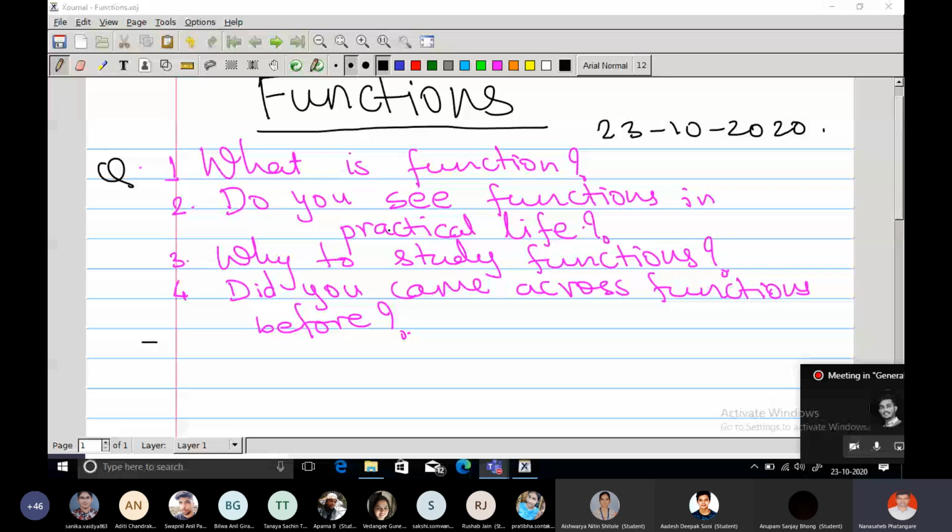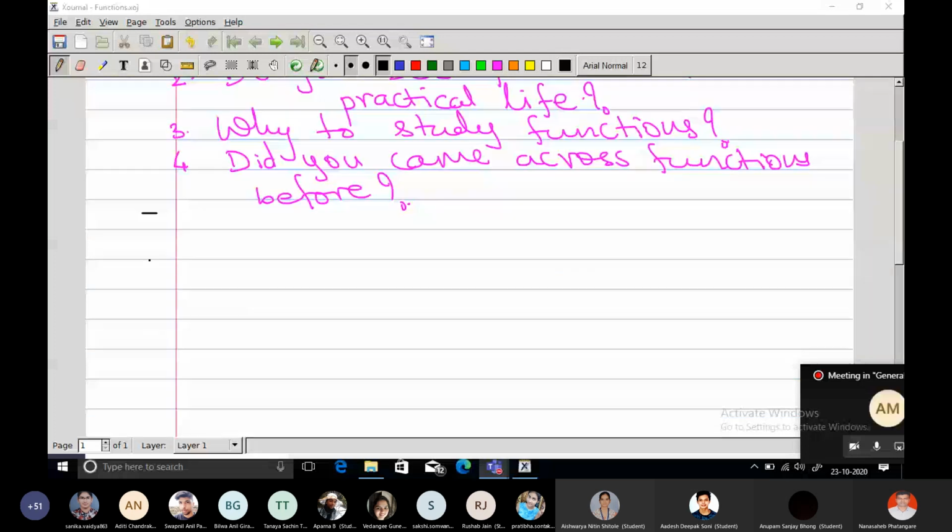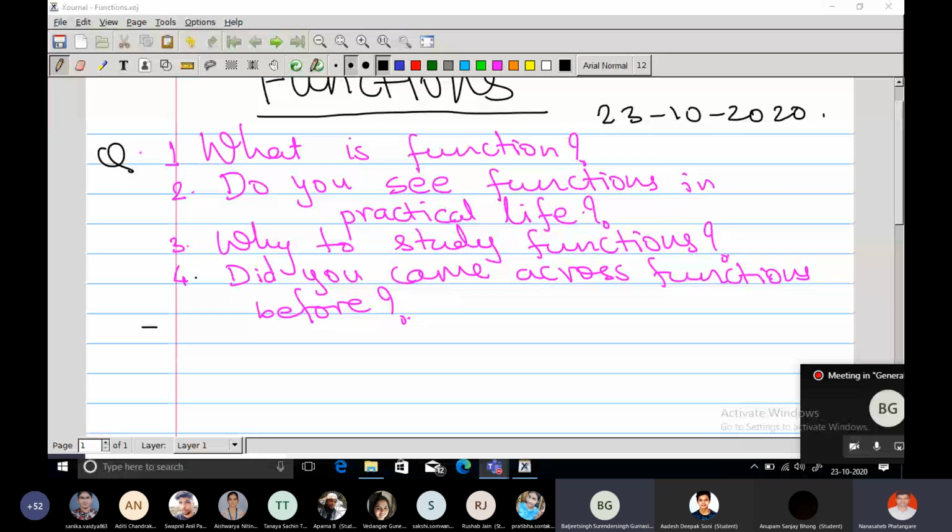Did you see functions in practical life? For example, the whole roll number system can be considered like a function where you put in a number and you get a student.